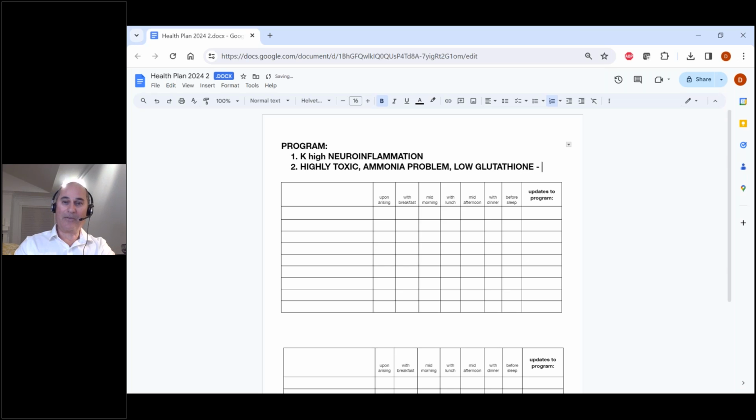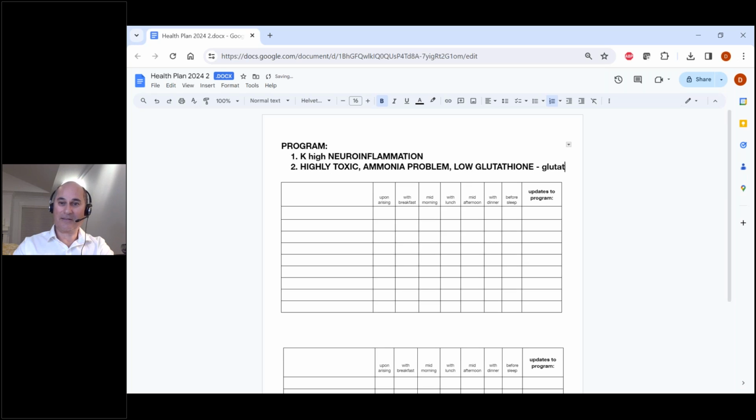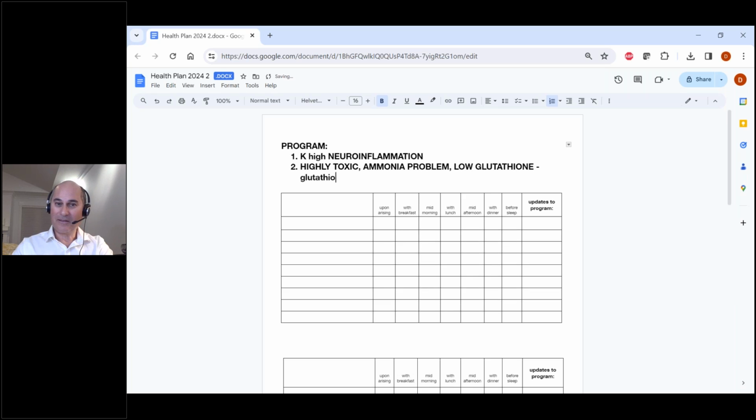And remember now, glutathione is the master protector of the brain, the main protector of the brain. So low glutathione puts you at very high risk for problems happening with the brain.